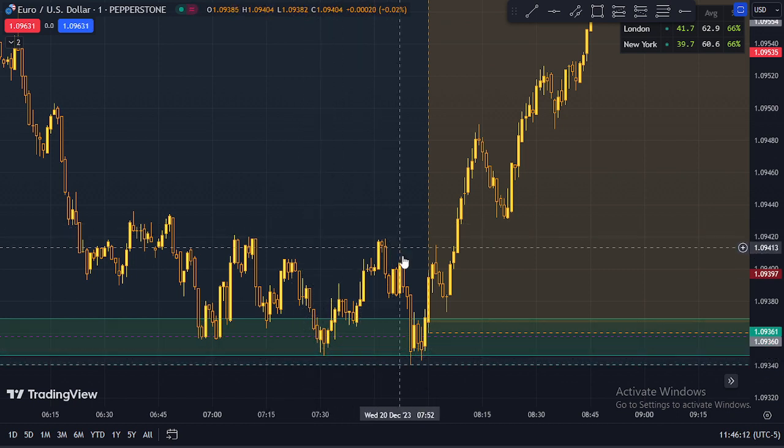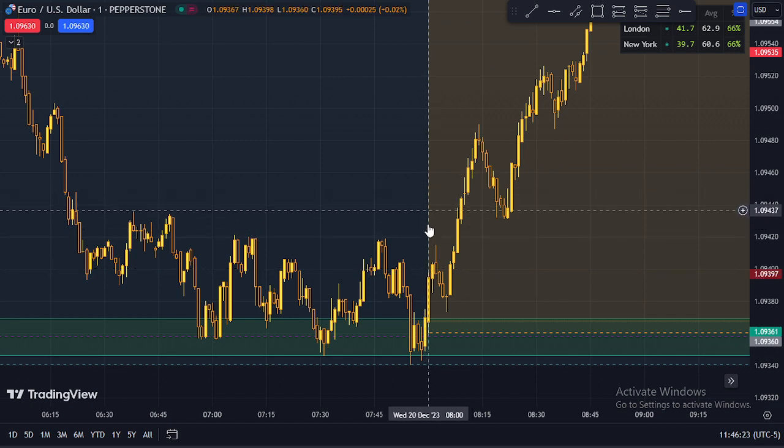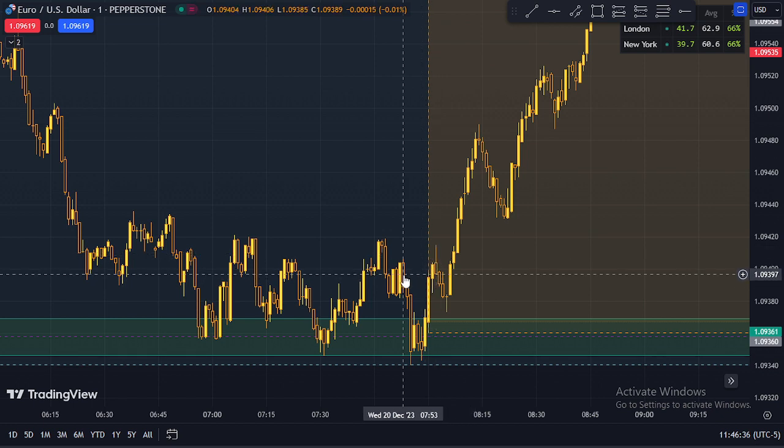right here. So we had that, and this was really close to the New York Open. This brown dotted line denotes the New York Open. This candle was the 8 o'clock open of New York.